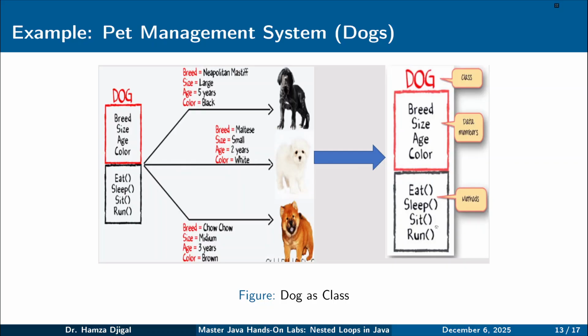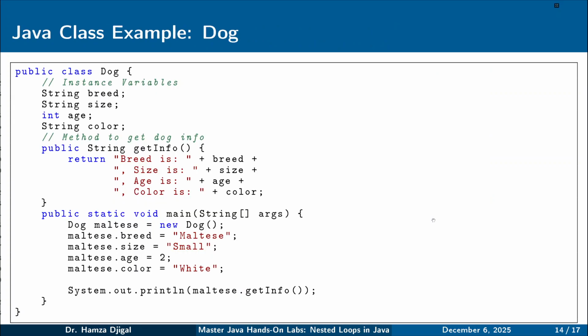So this can also be mapped into a real Java class. From a real problem, we have designed dogs as a type of object, then from that we define it as a class, then we implement it exactly in programming.